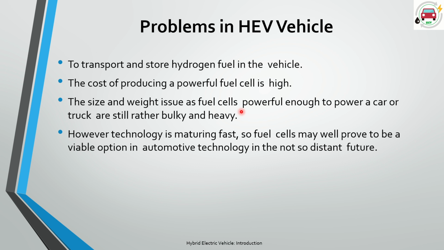That is the second problem, because producing a fuel cell having very high power to run the vehicle needs very high cost, as the components of the fuel cell are very costly, and we need to buy most of the components from other countries. That's why they are costly.